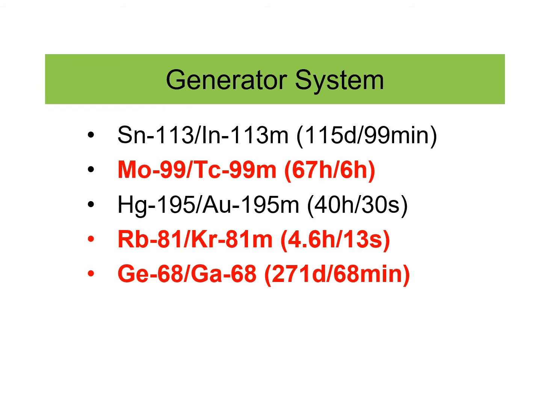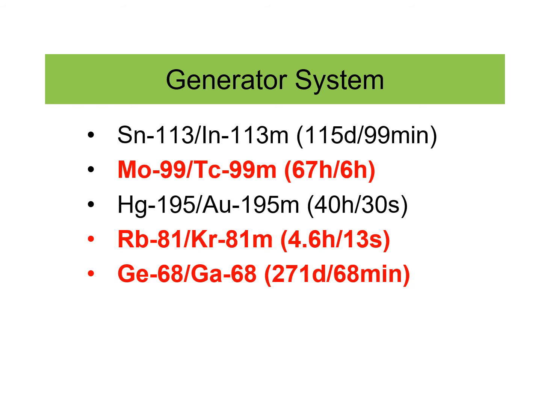Other types of generator system, apart from molybdenum-99 and Tc-99m, include mercury-195 and gold-195m. You have also rubidium-81 and krypton-81m. Among the recent generator systems is germanium-68 that yields the daughter gallium-68.